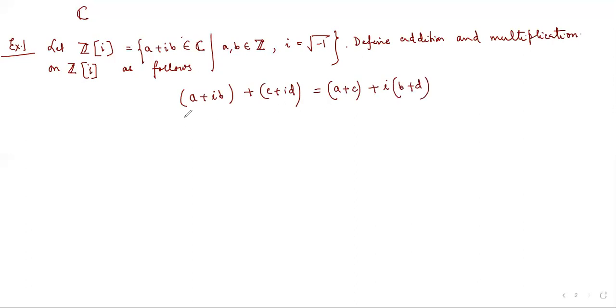This is the addition operation, and the multiplication operation is denoted by (A plus iB) dot (C plus iD) equals (AC minus BD) plus i times (BC plus AD).